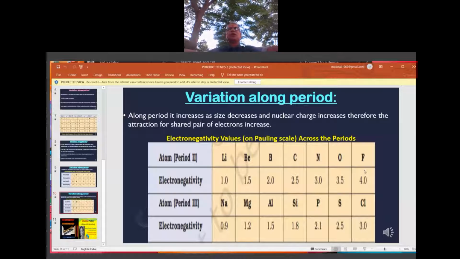So a positive cation from fluorine is impossible. Fluorine will become negative only. So that's why all fluorides are covalent. Whenever fluorine is there, sodium fluoride, lithium fluoride, all are covalent, where fluorine is accepting the electron, and its electronegativity is the highest among all.